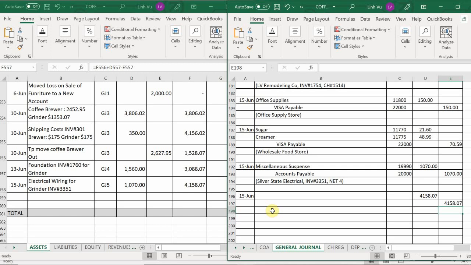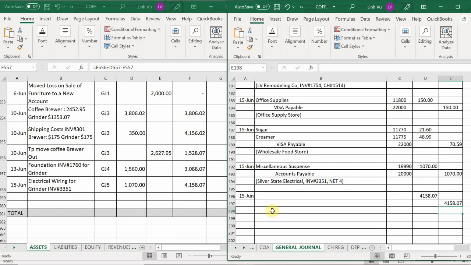We took the brewer route a long time ago, which cost me a total of $2,627.95. We took that brewer out, leaving us the coffee grinder at $1,528.07.